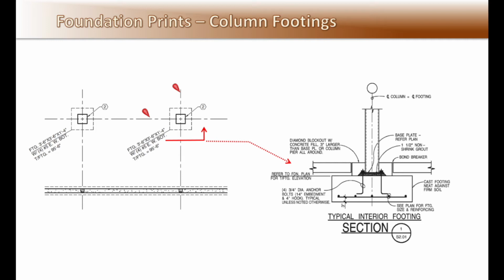The footing will either be provided with the size of the footing along with the required reinforcing steel or a footing identification number reference to a footing schedule. The engineer here shows typical interior column footing detail. This would be used to reference all column footings similar in size.